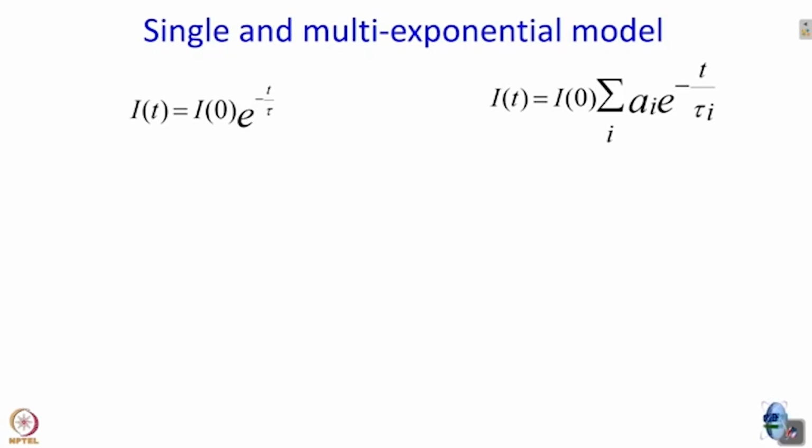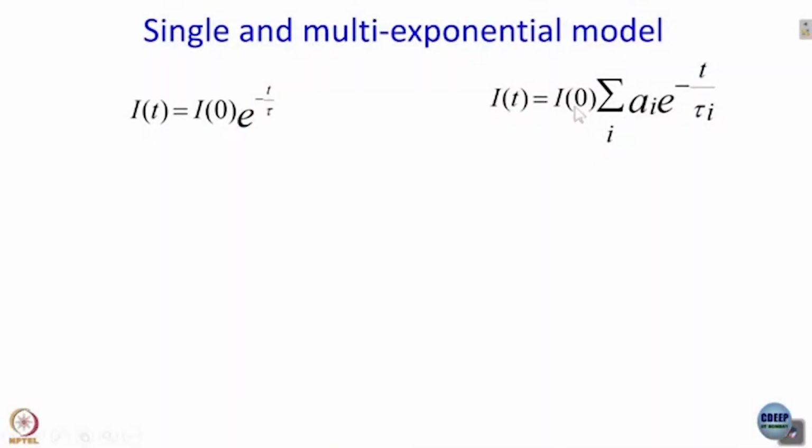But then we said that it is not necessary that life will be so simple and we can have more complicated data. So, as the first kind of complication we can think of is in the form of a multi-exponential data. Let us say you have several independent decay pathways. Then what do you get?